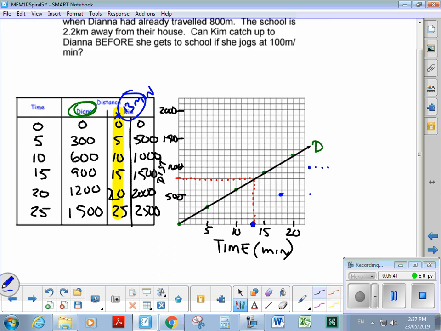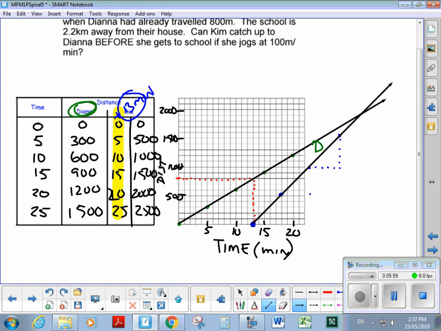You guys can extend that line out. I've got 4 points here, so I'm just going to take a ruler and draw through there. And there we go. So this is when they would be at the same distance.